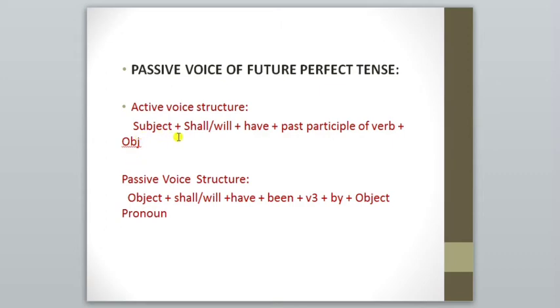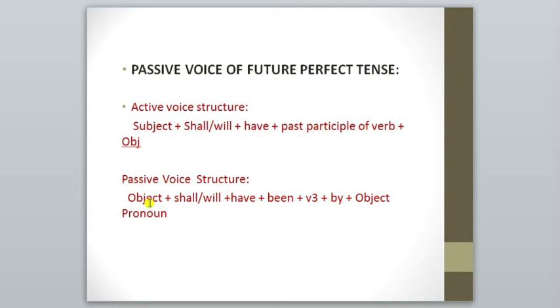Don't get confused because of this have, because this have is in present perfect tense also. But इसके पहले क्या है? What is before it? Shall and will is there. And this shall will shows that future tense is there. Have plus past participle shows perfection is there. Means what is there? Future perfect tense is there.